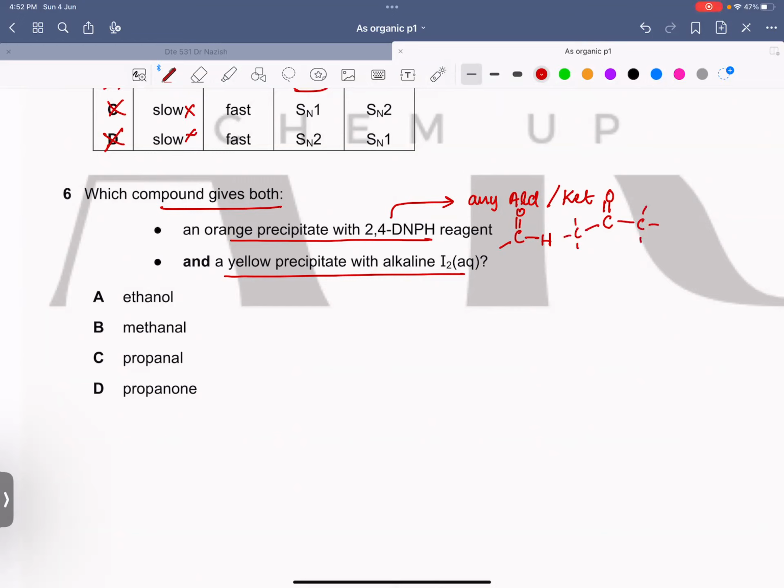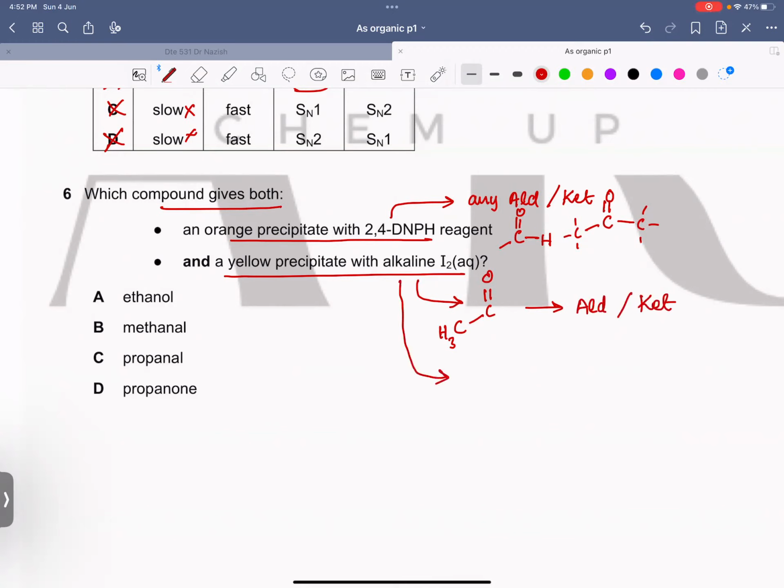Okay. And for aqueous alkaline iodine, any aldehyde or ketone having a C double bond O which is bonded to a CH3, this group can be present in any aldehyde or ketone, then this would give the test positive.